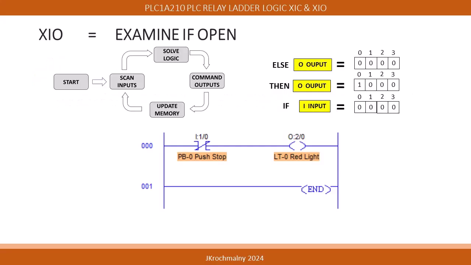Looking at the entire PLC scan cycle involving Examine If Open instructions, we see the process involved in solving the logic. If the input module terminal does not have voltage, an open condition, then place a 1 in the output 0 data registry, else place a 0 in the data registry.